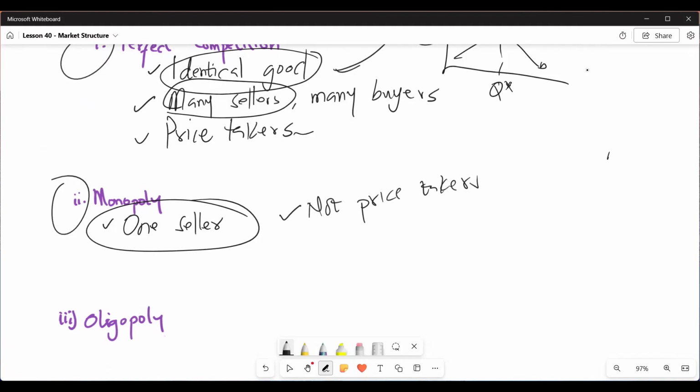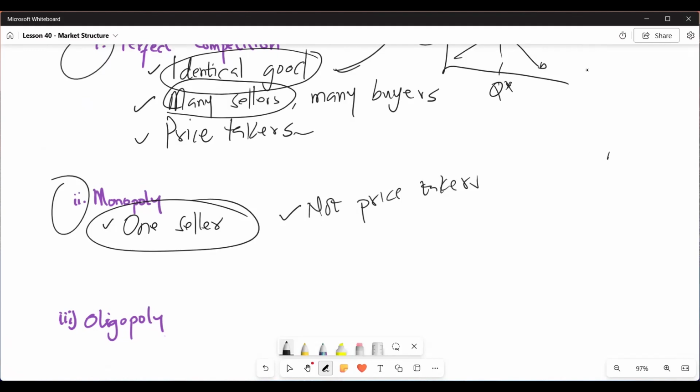One thing that constitutes a monopoly is also high barriers to entry. So usually we have monopolies in markets because of many factors, and one of these is because there is high barrier to entry or exit in that market. Now we will look in detail at the things that cause barriers to entry or exit in the market in our next lessons.